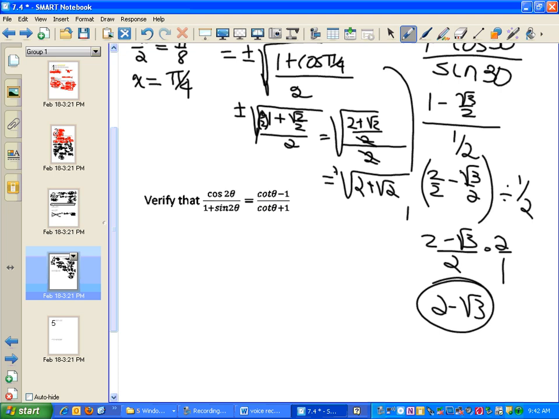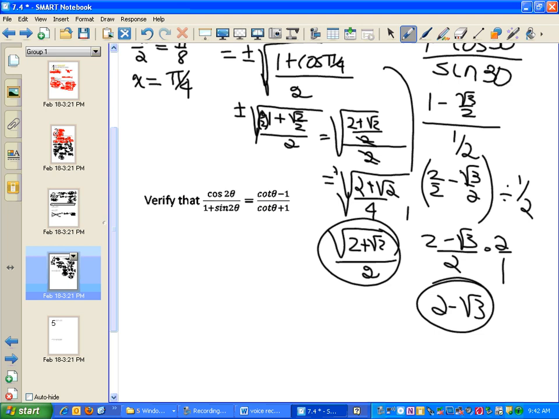Oh, you know what? Is this right? I think I made a math error on this one. Does this 2 and 2 cancel? So this should be all over, this doesn't cancel, this is over 4. Because aren't they going to multiply out? Right? What's the square root of 4? This is 2 plus root 2 over what? 2. That's what this one becomes. I made a math error.